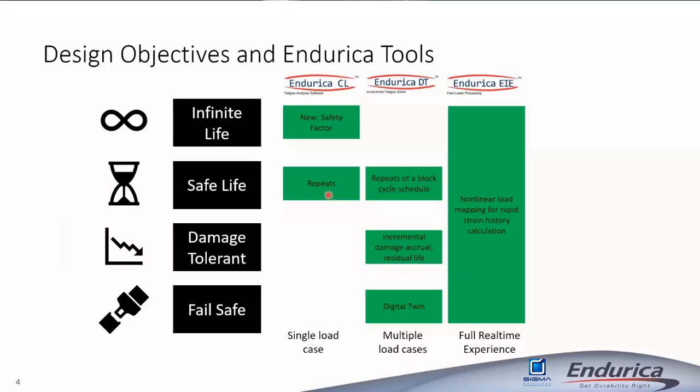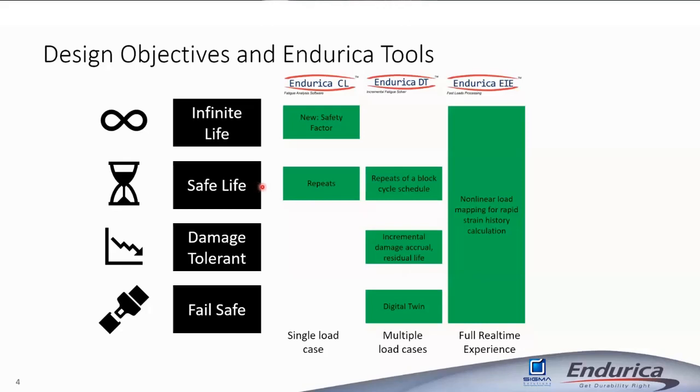Maybe I need to show that the part will last for 5 years or 10 years. And with a safe life approach, I can calculate the number of repeats, I can compare that to my requirement, and then I'm good. So that's the safe life approach.